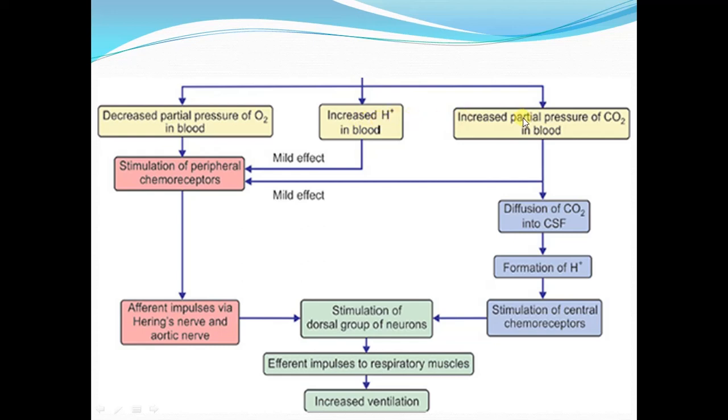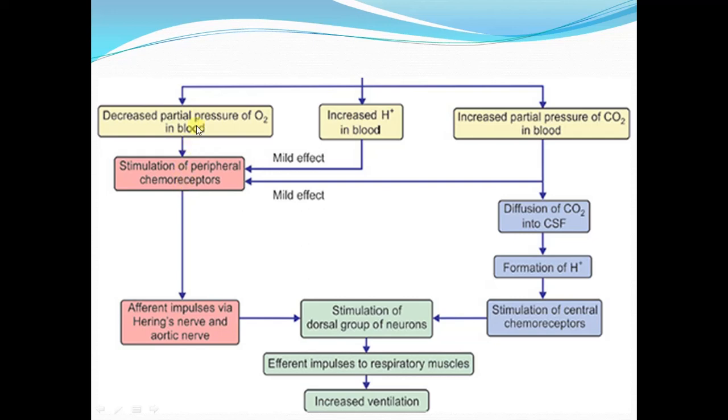Again, I am repeating that increased partial pressure of carbon dioxide produces the effect through stimulation of both the central and the peripheral chemoreceptors. It can directly stimulate the peripheral chemoreceptors, but it stimulates the central chemoreceptors by formation of hydrogen ions, while arterial hydrogen ions stimulate the peripheral chemoreceptors, and decreased partial pressure of oxygen in the blood also stimulates the peripheral chemoreceptors.